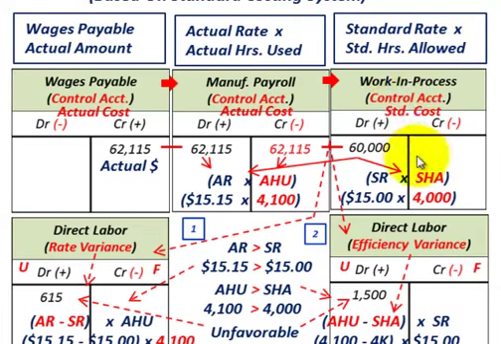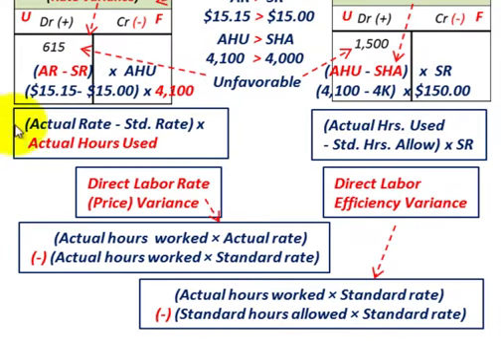Okay, and then one other thing here, just to expand on our definitions a little further. Just looking at our direct labor rate or price variance, as you call it here. You take your actual hours worked times your actual rate on an hourly basis, and you would subtract from that the actual hours worked again times the standard rate on an hourly basis.